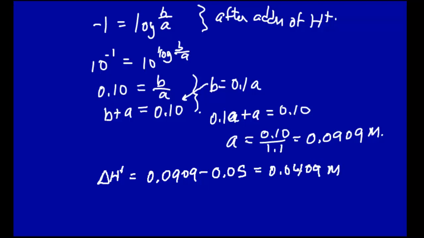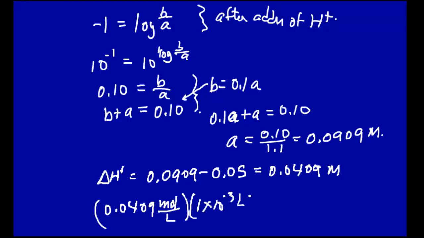All right, so we made that much more acid. How many H plus did we add to do that? Well, 0.0409 mole per liter. And we have 1 milliliter, 1 times 10 to the minus 3 liter.